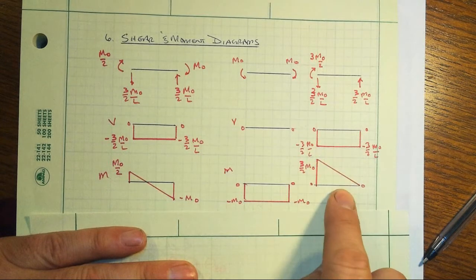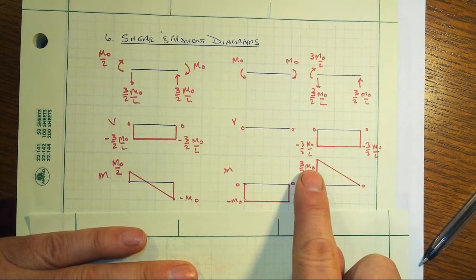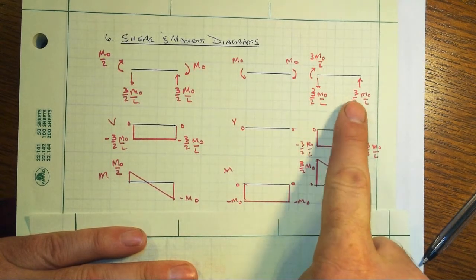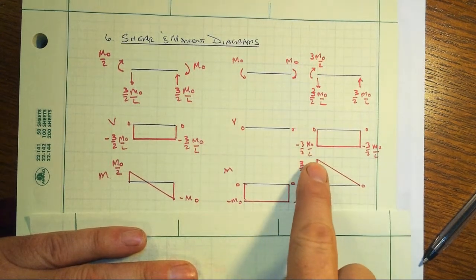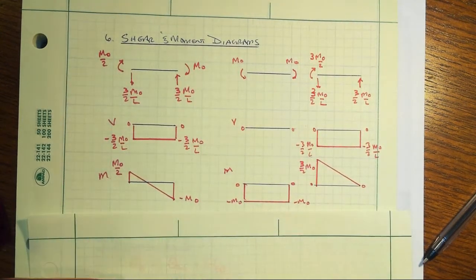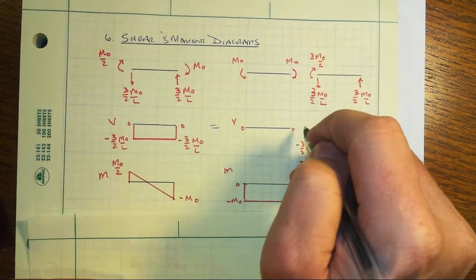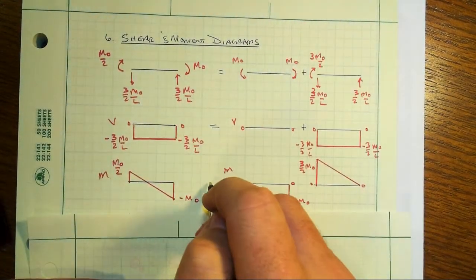That's where we get this. And then the moment diagram that goes with that is going to look like this triangle with the max at the left end. Right? This times the moment arm, increasing over here to the left, and so this increases linearly up to that 3/2 M naught. Right? And so we could think about this composite as being the sum of these little individual parts.